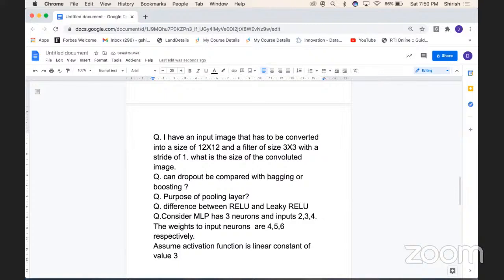What is the output? What should be the output here? You have 3 neurons, right?